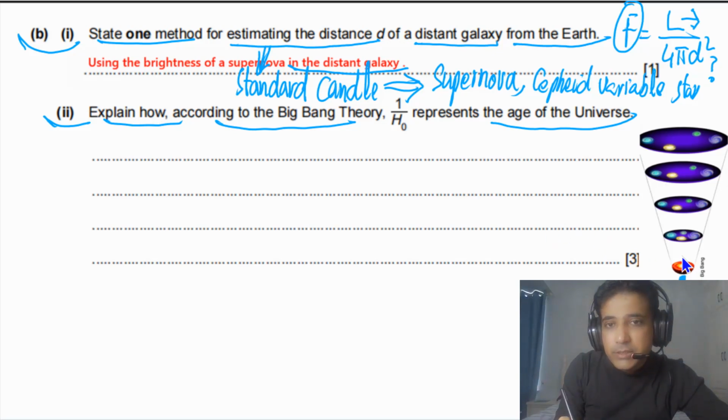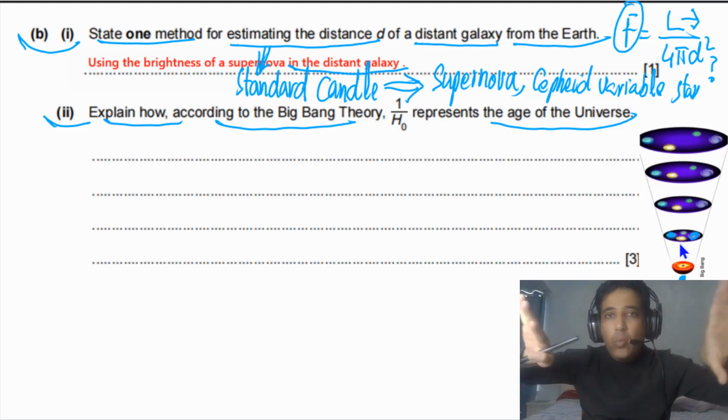And in this case you can simply say that as time is passing, every galaxy, for example this galaxy here, is moving away from each other.